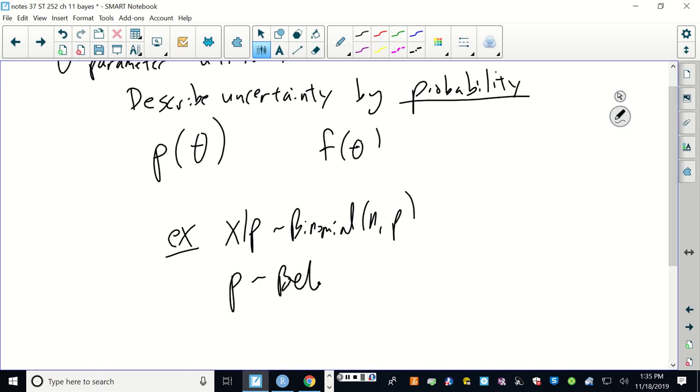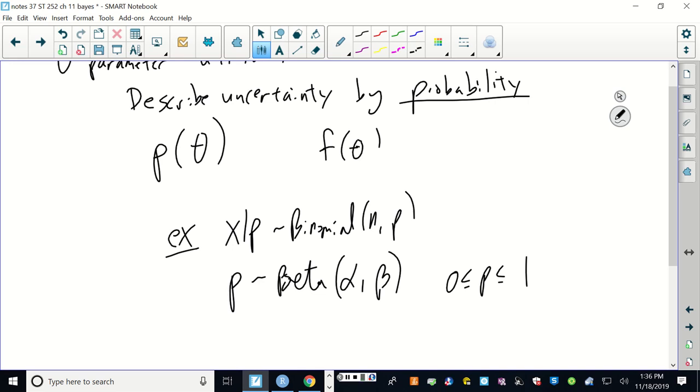A very convenient choice for a distribution for something between 0 and 1 is a beta distribution, because p is between 0 and 1. And the beta distribution family is very flexible with those two parameters.